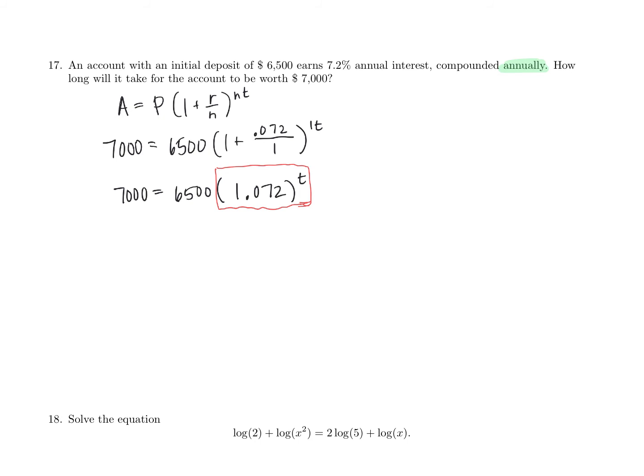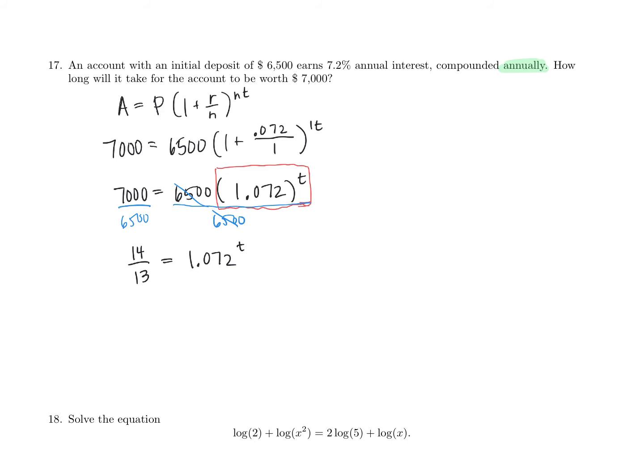That means we need to undo the 6,500, so we're going to divide both sides by 6,500. 7,000 divided by 6,500, if I reduce that, we're going to get 14 over 13, which is equal to 1.072 to the t power.